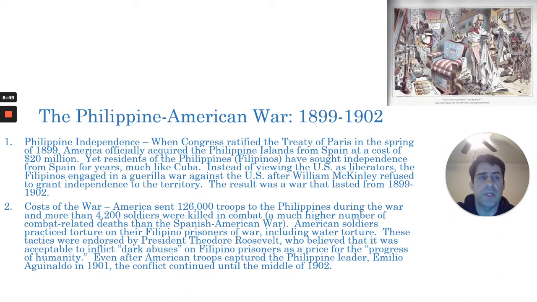And if you take a look at the political cartoon in the upper right-hand corner here, it shows Uncle Sam holding a pair of clippers, scissors, as a barber. He has an open chair, and I don't know if you can read his scissors, but it says education and civilization on the actual blades of the scissors.